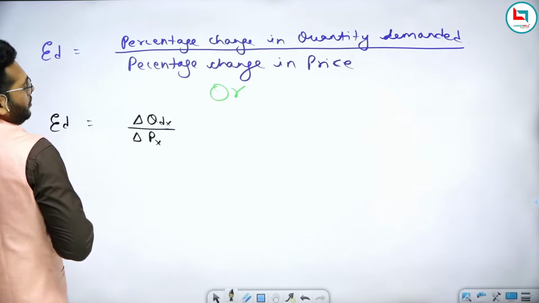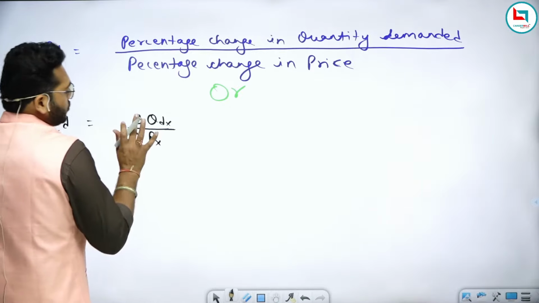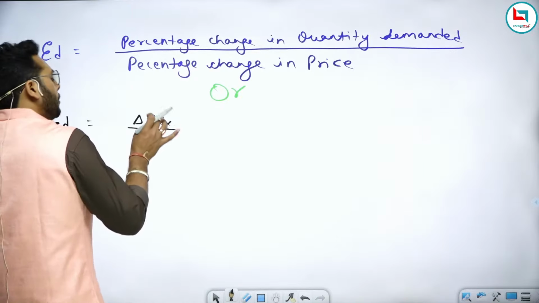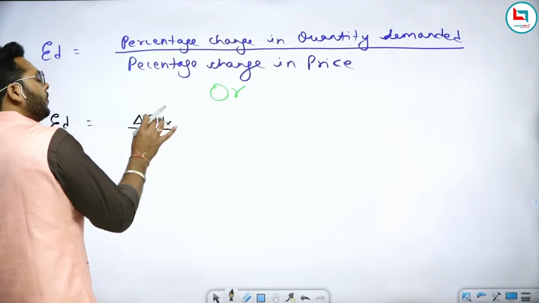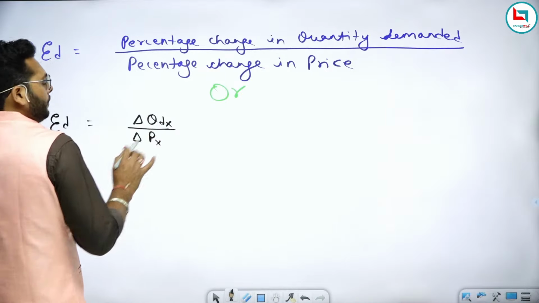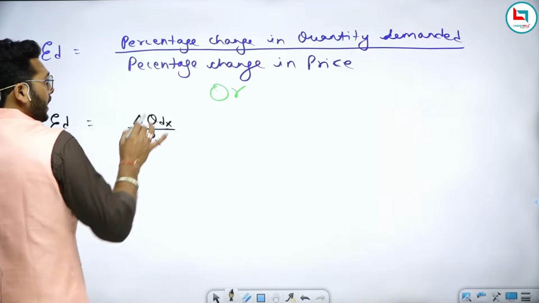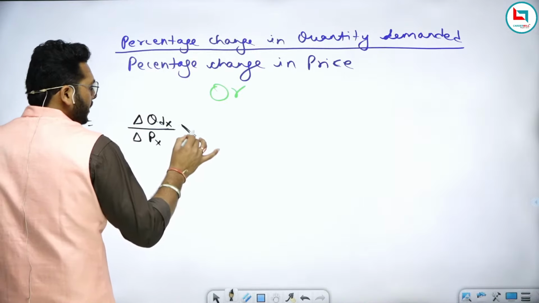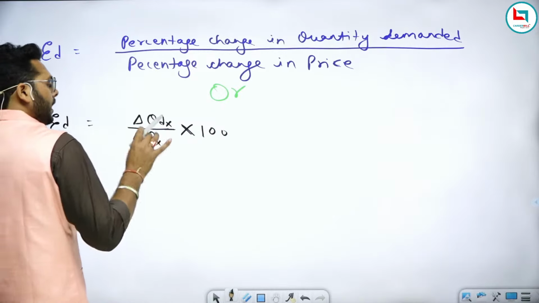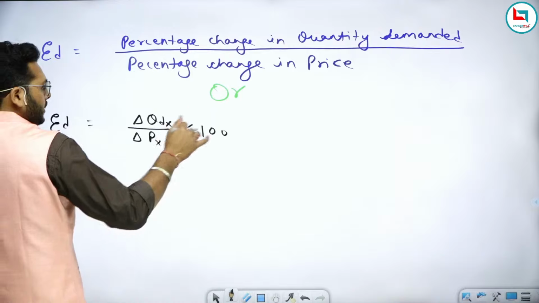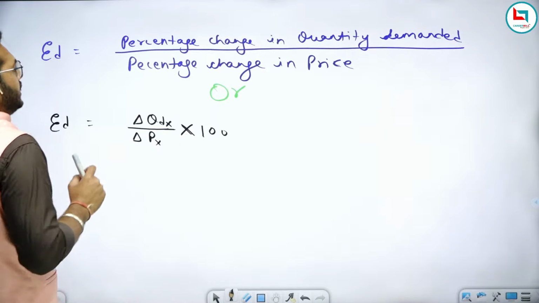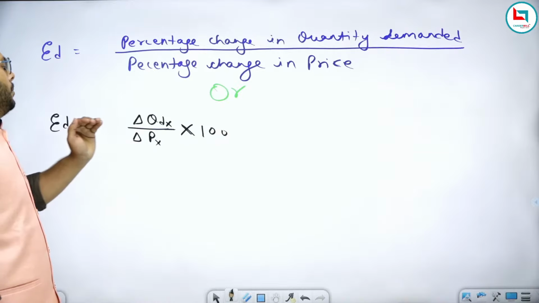PX means price of X good. Whenever there is a change in the price of X good, it will impact the demand of X good. This means change in quantity demanded of X good, right? Here the percentage is mentioned, so we have to multiply this whole thing by 100. Now we need to understand the percentage change in quantity demanded and percentage change in price of X.